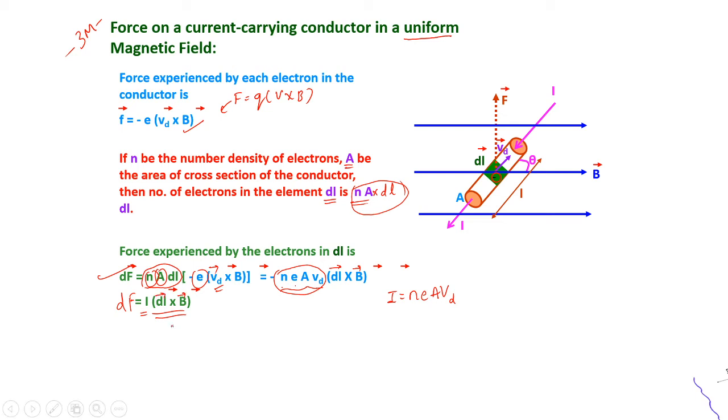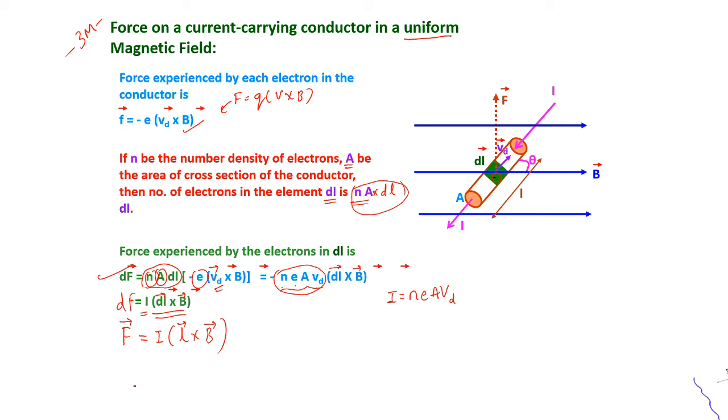This is the force experienced by electrons in a small length element, but all the electrons in a conductor experience a force that is given by F is equal to I into total length of the conductor L cross B. So this is the force experienced by the conductor itself now.